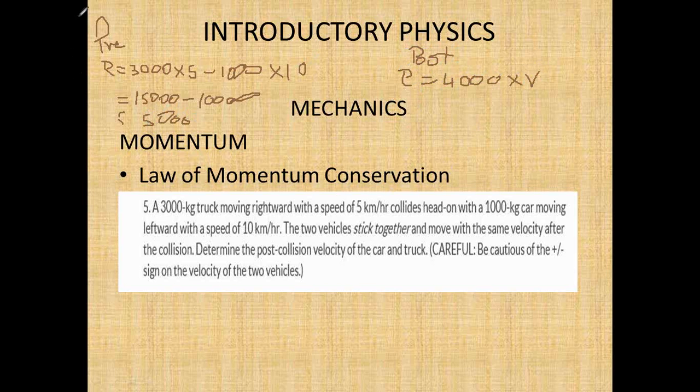From the law of momentum conservation, pre-collision momentum is equal to post-collision momentum. So 4,000 v is equal to 5,000.